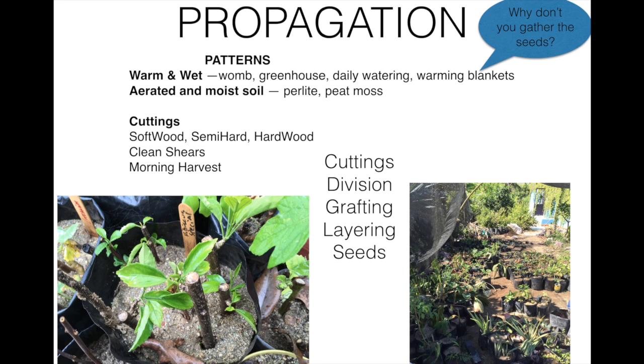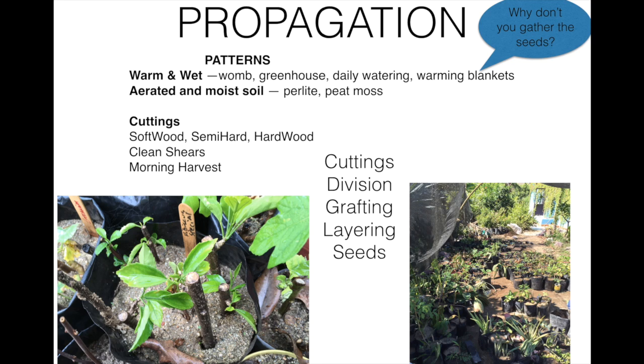Some awarenesses, like as people start propagating, the biggest one that I try and give people as they start thinking about how to do cuttings is being able to look at plants and recognize softwood, semi-wood, and hardwood. Because I think for many of those plants you can do cuttings, but they're slightly different practices.